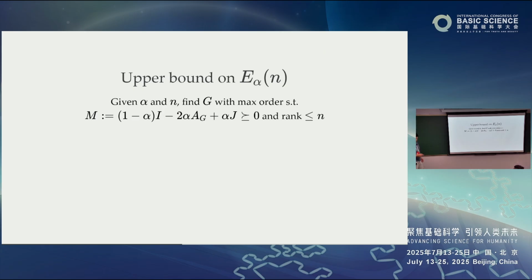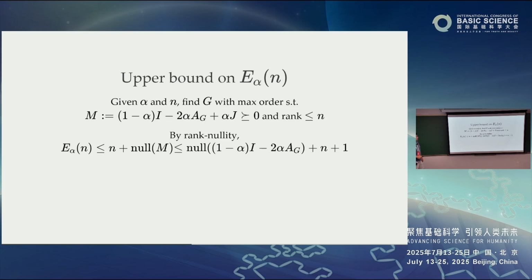As for the upper bound, here is roughly what goes on. We have this spectral condition again, and I call this matrix M. By the rank-nullity theorem, we know that the order of my matrix M is bounded by the rank of M plus the nullity of M. But the rank of M is bounded by n, so that's at most n plus the nullity of M. And what's the nullity of M?